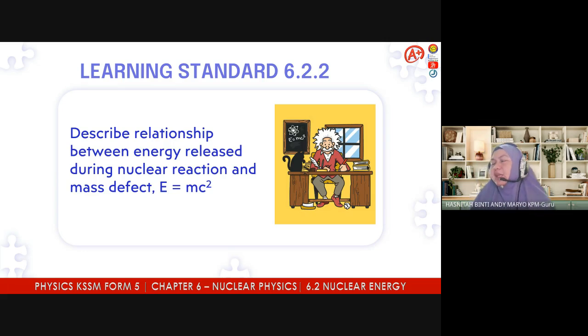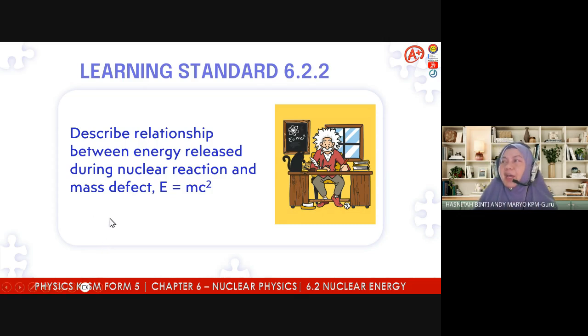So let us take a look at the second learning standard now. This is to describe the relationship between the energy released during a nuclear reaction and the mass defect. From this equation, as I mentioned just now, the mass defect is converted into energy during this process.